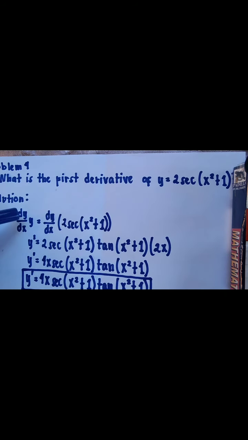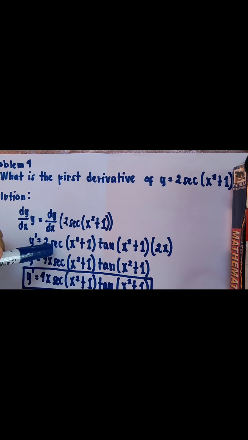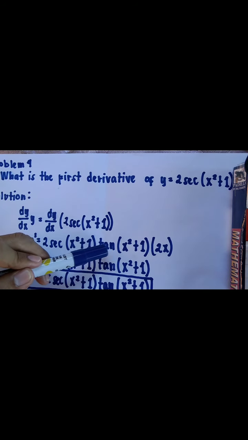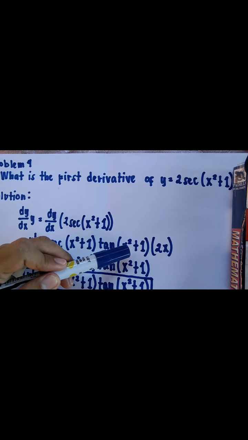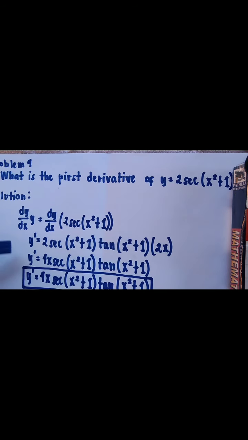So the derivative of y becomes y prime equals the derivative of this value, which is secant of (x squared plus 1) times tangent of (x squared plus 1) times 2x.